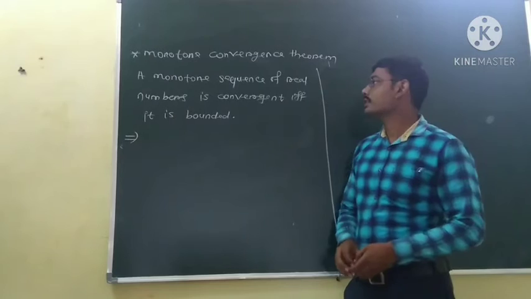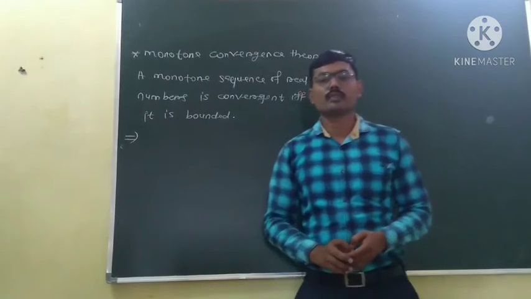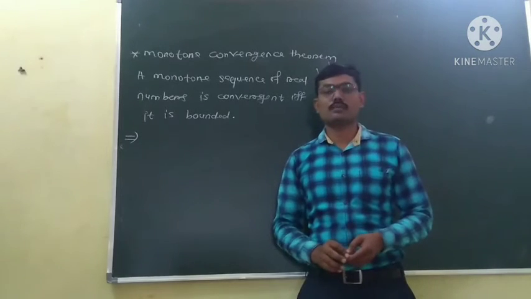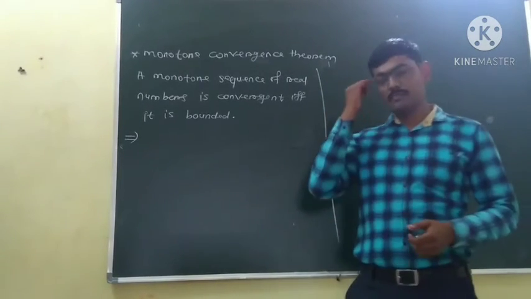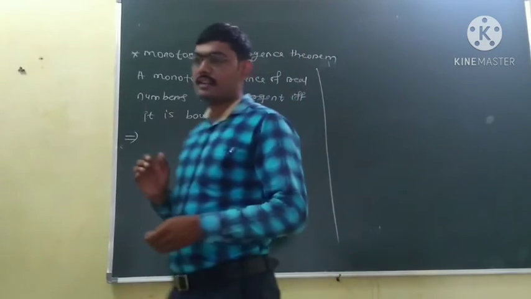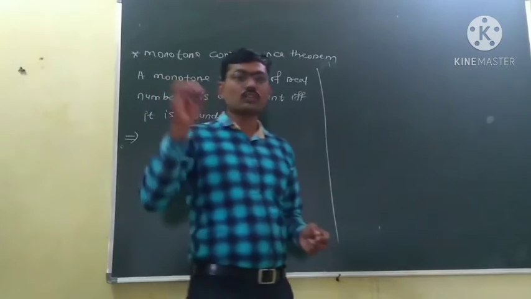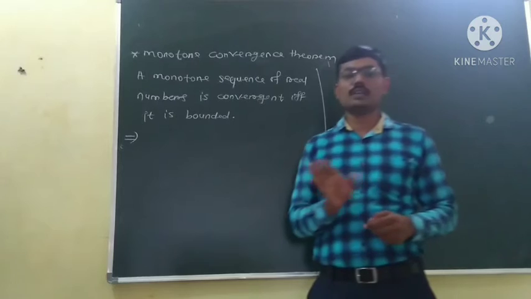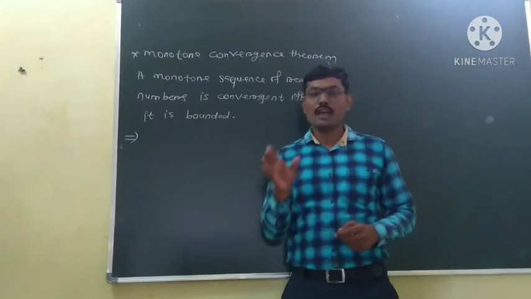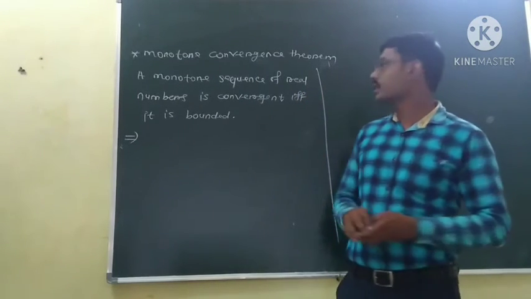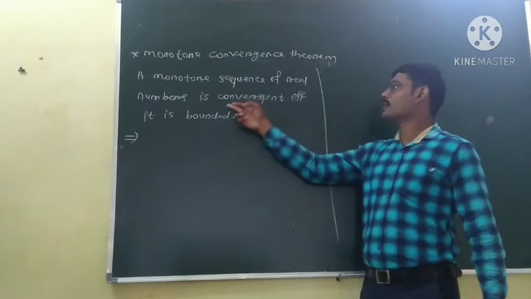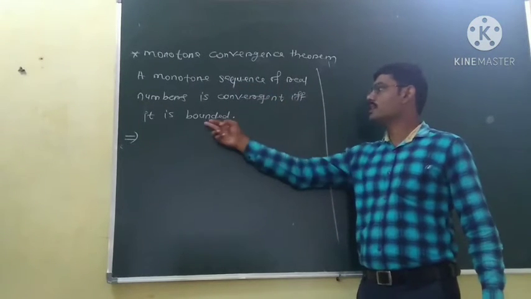Now you will see a famous theorem known as the monotone convergence theorem. This theorem says that if a sequence is monotone, either monotone increasing or decreasing, and bounded, then the sequence is convergent. So a monotone sequence of real numbers is convergent if and only if it is bounded.